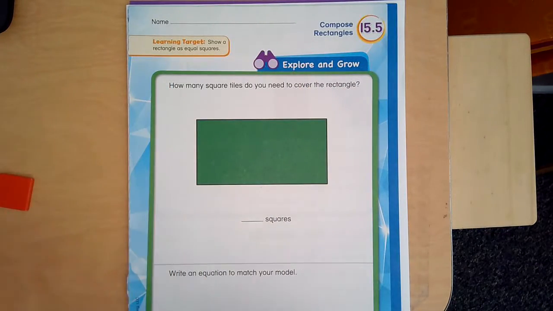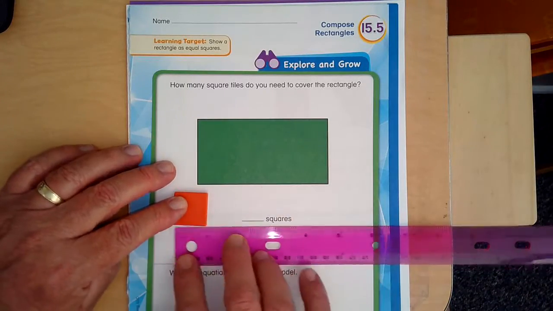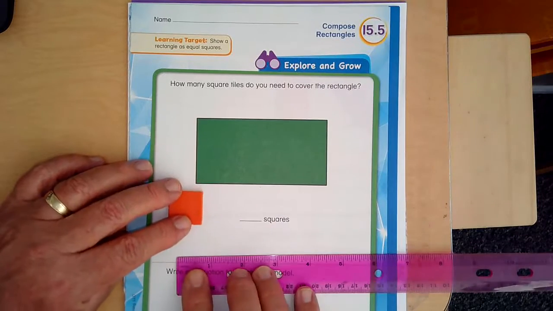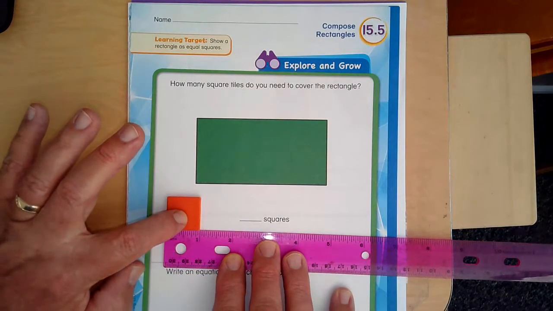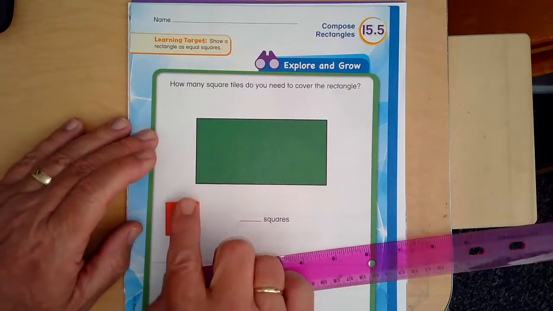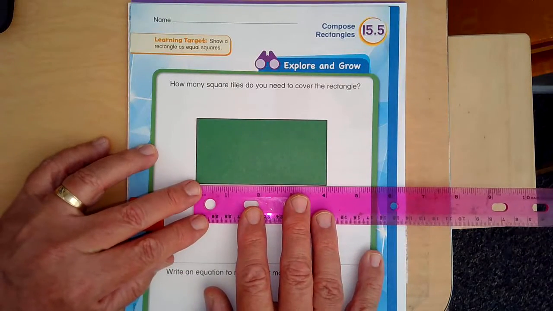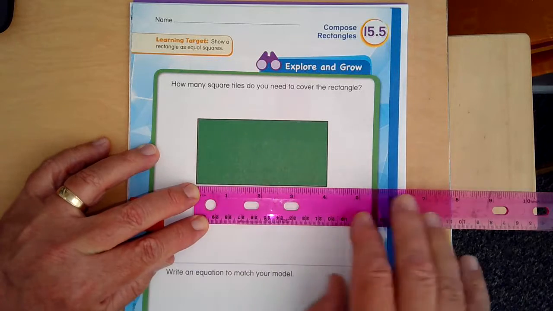These square tiles are 1 inch by 1 inch, because they're squares. So if you want to try to cut out some squares that are 1 inch by 1 inch, or have mom and dad help you with that, or you can mark on your paper at 1 inch lines, right?